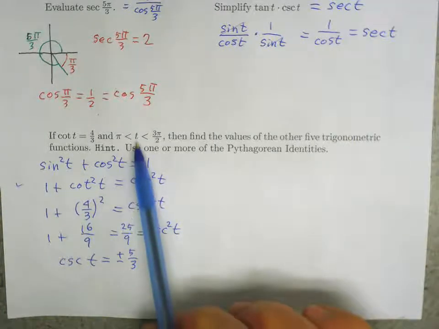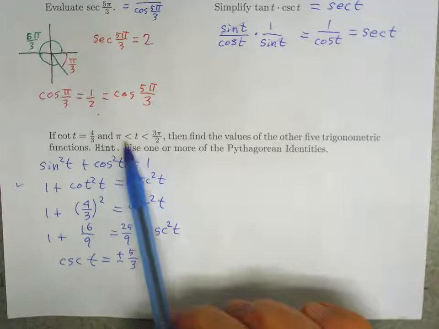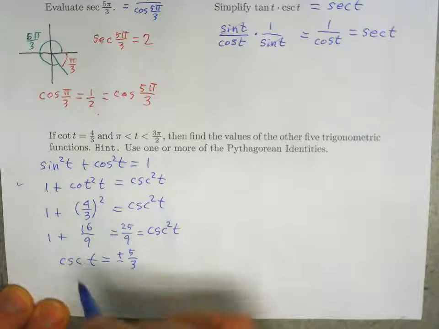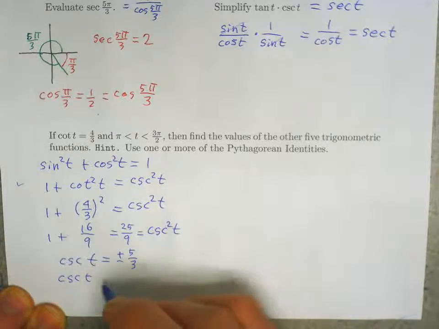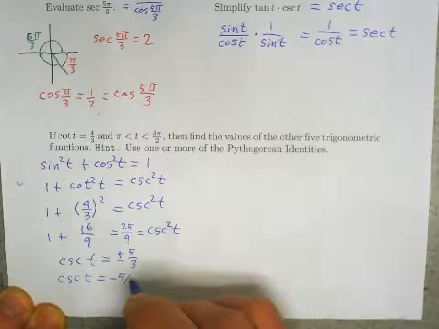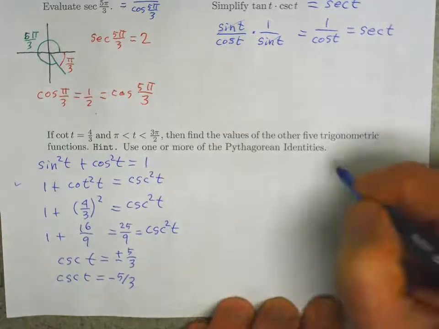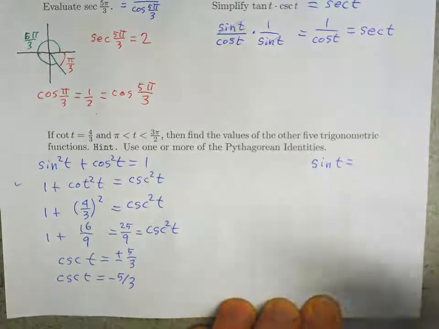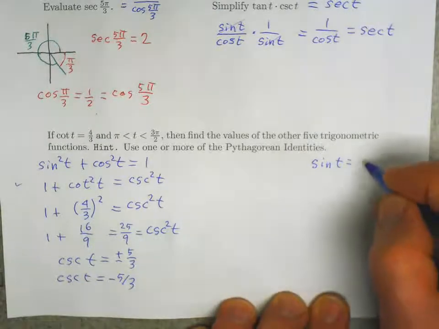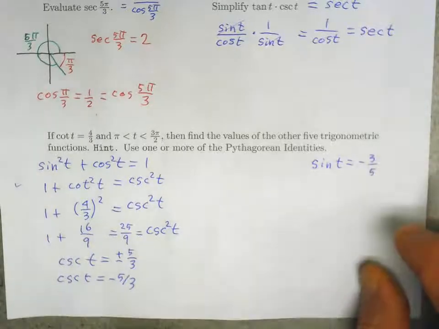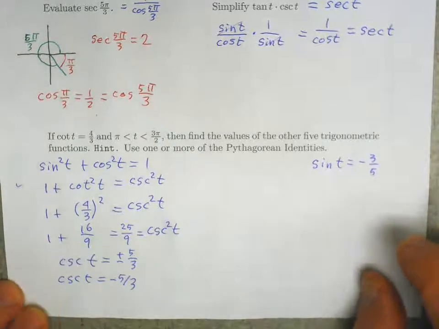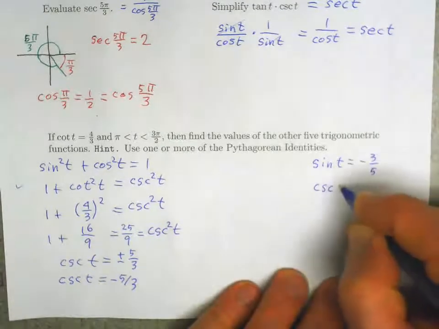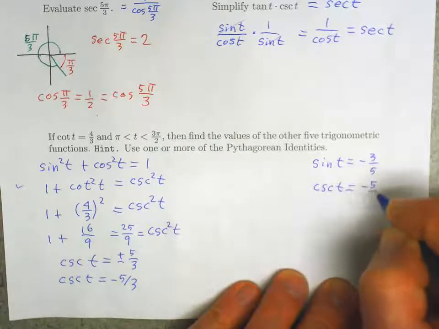Okay, well, the t value is in the third quadrant, and cosecant is negative, so cosecant of t is negative 5/3. We can also write down what sine of t is, because that's the reciprocal of cosecant. So sine of t is negative 3/5. And I'll just write down what cosecant is again, negative 5/3.